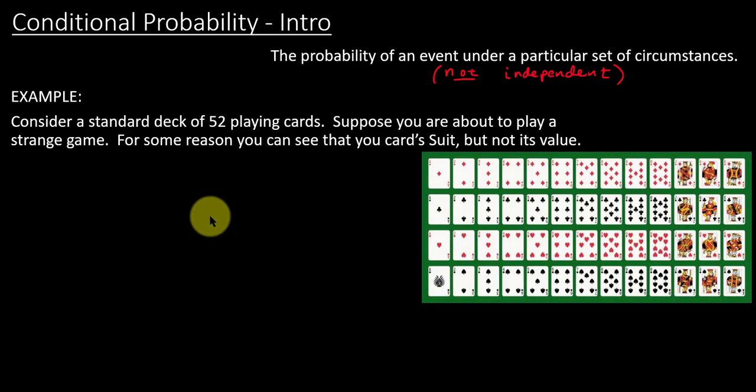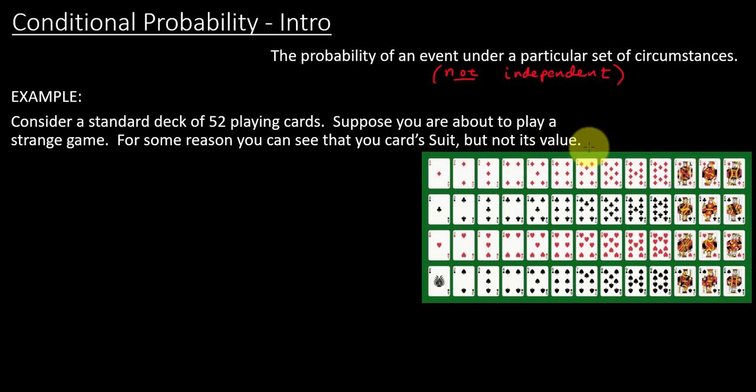Let's consider an example here with the standard deck of 52 playing cards. And let's suppose that you're about to play a strange little game. In this game, you, for some reason, can see the suit that you have, but not the value.